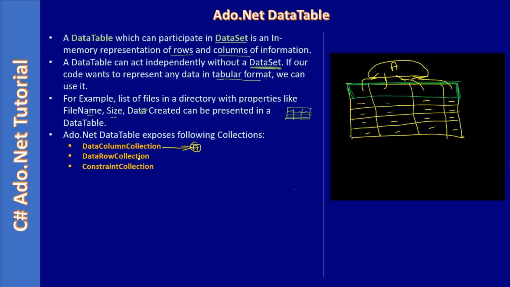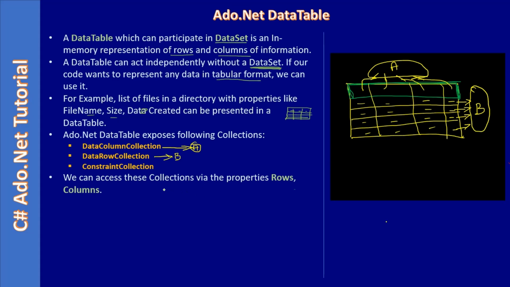right? So it also contains data row collection. So if we state this is one row, second row, third row, fourth row, and they together form the data row collection. So we can also have a constraint collection that we will discuss later.